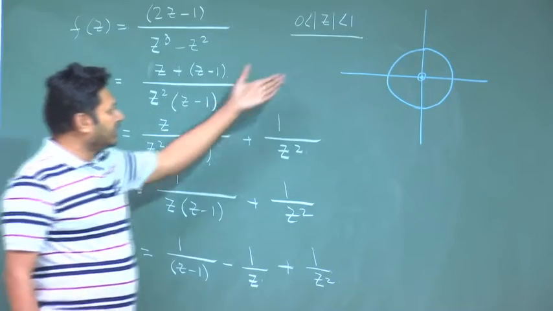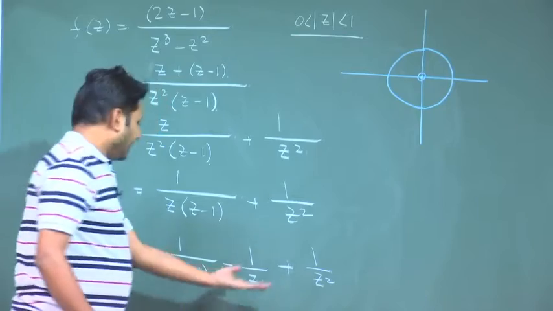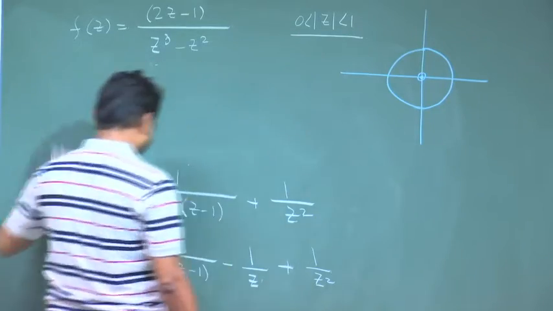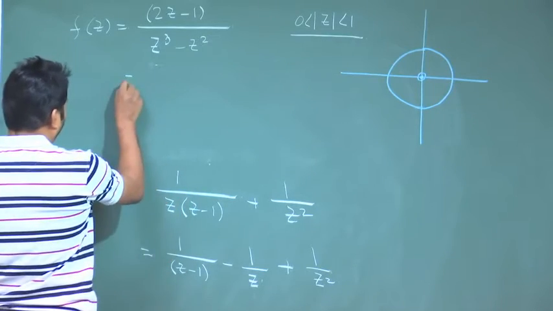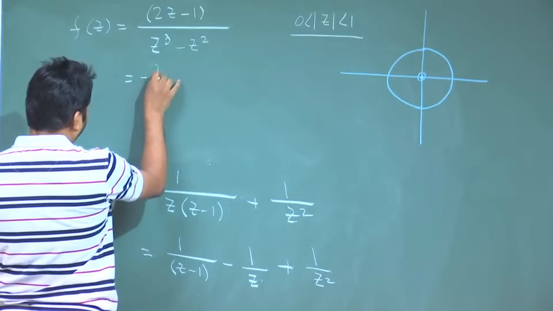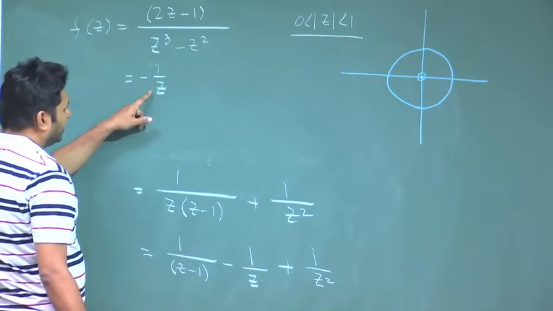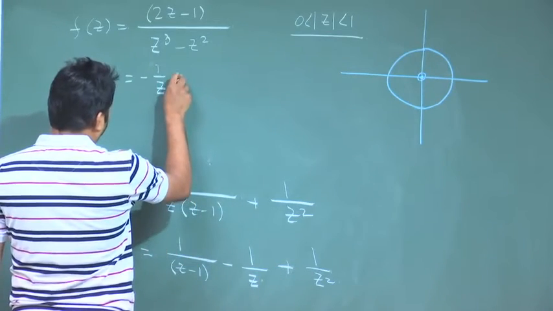So, I have three terms: 1 divided by (z minus 1), 1 by z, 1 by z square, but my restriction is that mod z should be less than 1, then it is done. Once I have this, there is no such problem, because I can expand these like this. The first term is 1 by z, I take this because I have nothing to do with it, plus 1 by z square, it is already there.